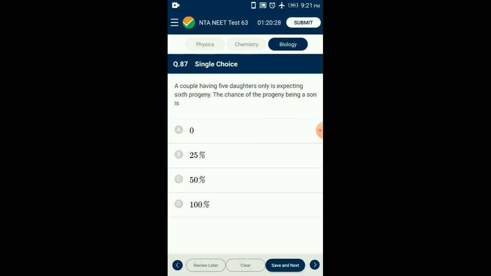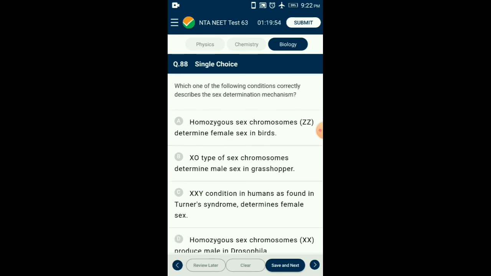Humans have 22 pairs of autosomes and a pair of sex chromosomes, which are XX in females and XY in males. So if we cross the parents, there is a 1:1 chance for boy and girl. So the answer is option C. It's 50%.